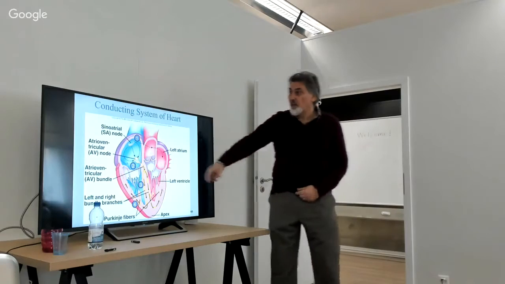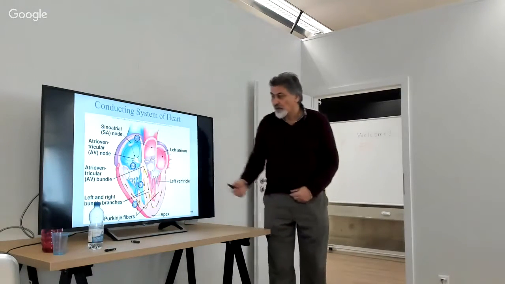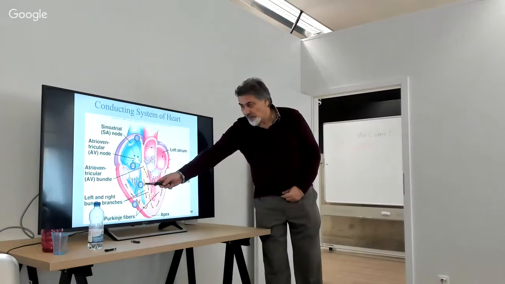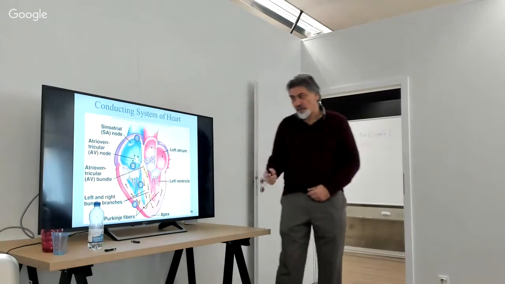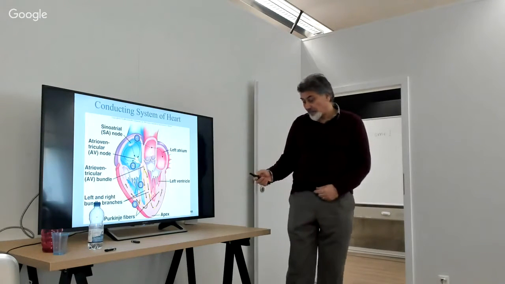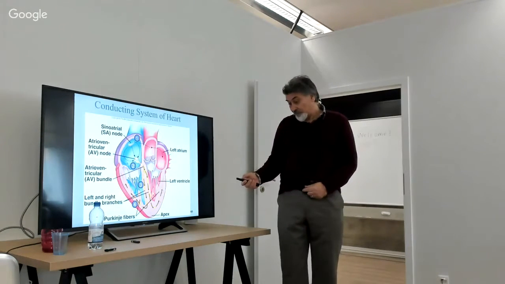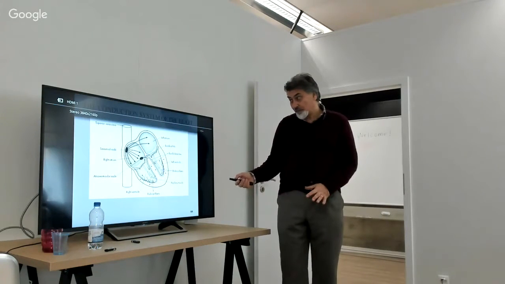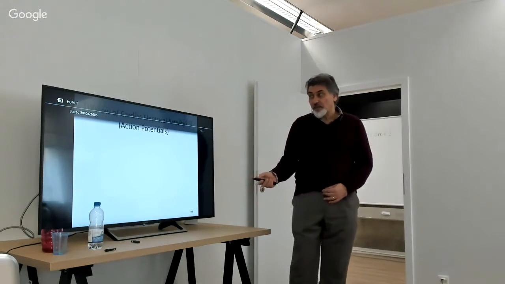So the impulse originates here, goes to the atrioventricular node, then to the bundle, then to the two branches, left and right, and the Purkinje fibers. This is the sequence of depolarization.